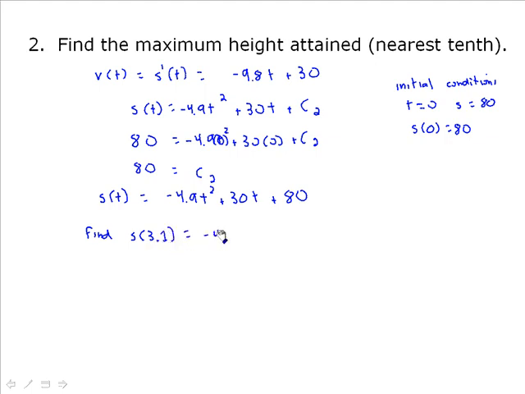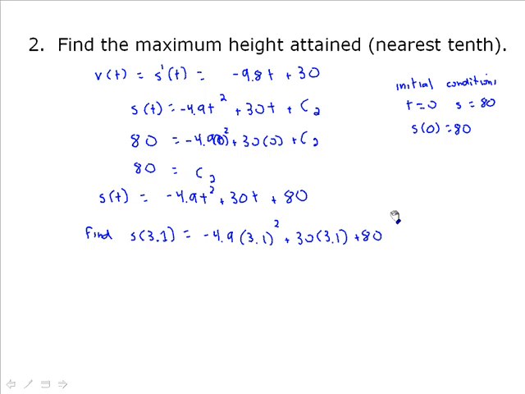So negative 4.9 times 3.1 squared plus 30 times 3.1 plus 80. Now what I'm going to do is keep that original number on my calculator, that 3.06. So I'm going to square it times negative 4.9 plus 30 times that number, 3.06, plus 80.